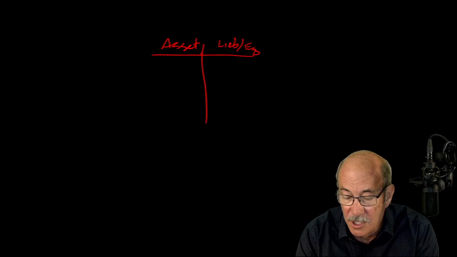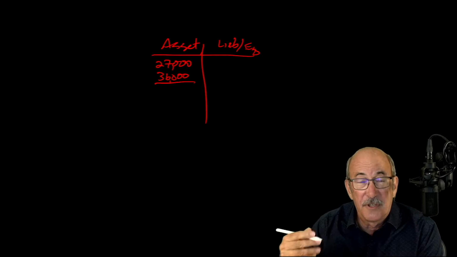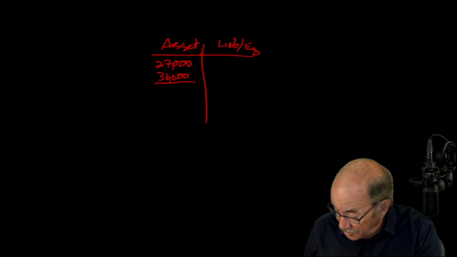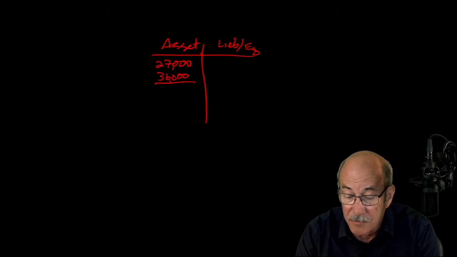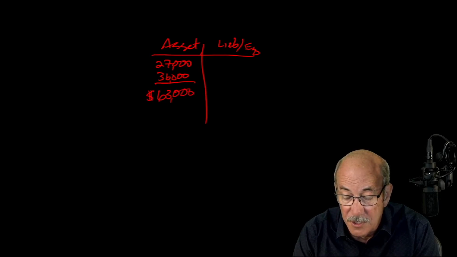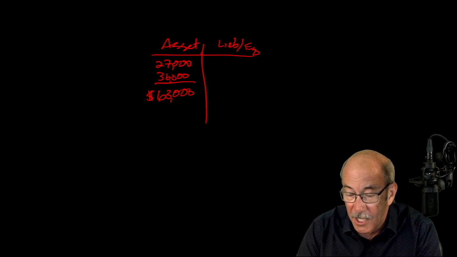So let's write the asset as $27,000 that you put in, and $36,000 that was generated as a result of the sale of the stock. What did we come up with? $63,000. So there's a total of $63,000 in cash in that account on the asset side.